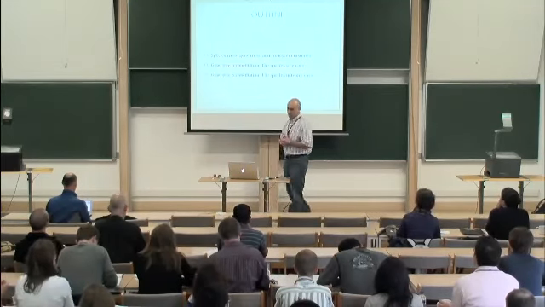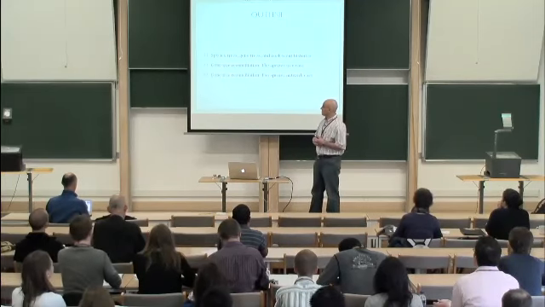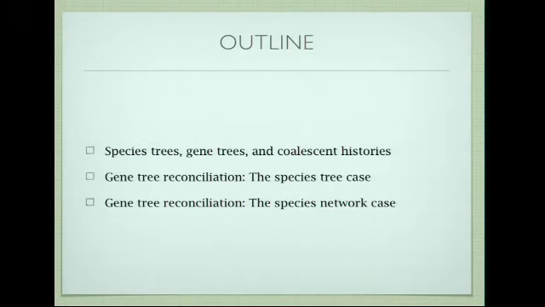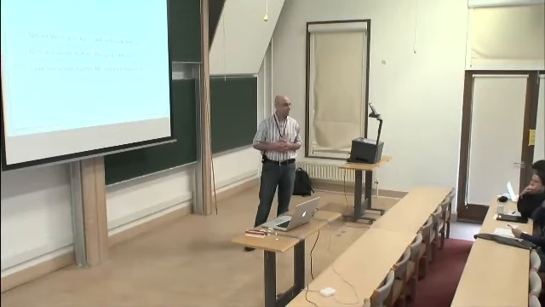Okay, so the talk will have basically three sections. The first one is some background talking about the issue of coalescent histories. When we think about gene trees and species trees, what is a coalescent history? Because it is really the basis for some formulations for the reconciliation of gene trees. In the second part, I will talk about some of the recent work we have done on a parsimonious way of reconciling gene trees, along with the algorithms that we have come up with.